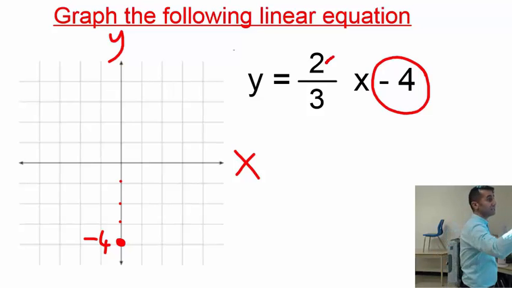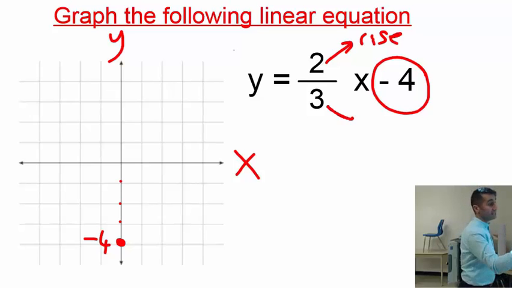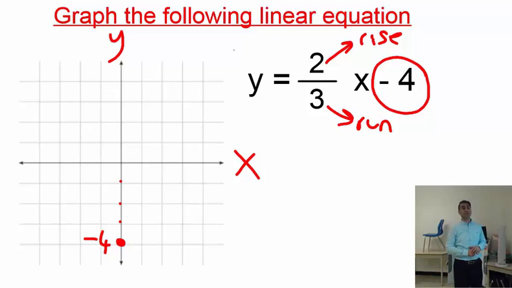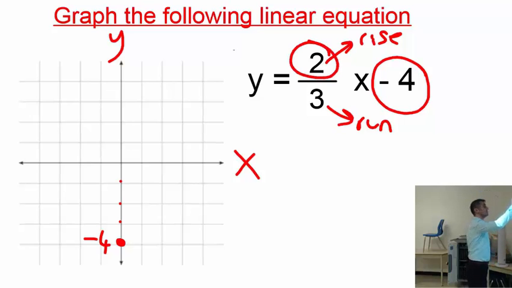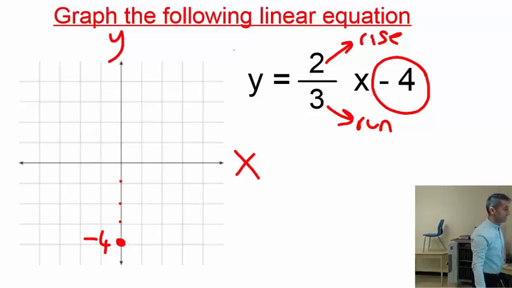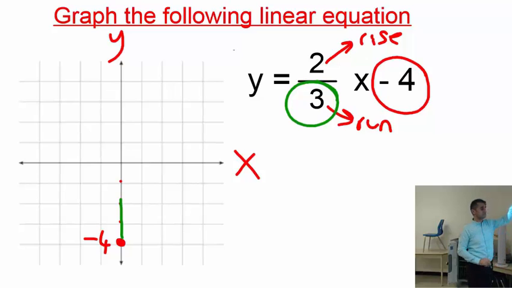Remember, this is rise, going up, and this is run, going to the right. From my first point, I'm going to rise up by 2 units. Let's use a different color here. This is 1, this is 2. And then I'm going to run to the right 3 units.